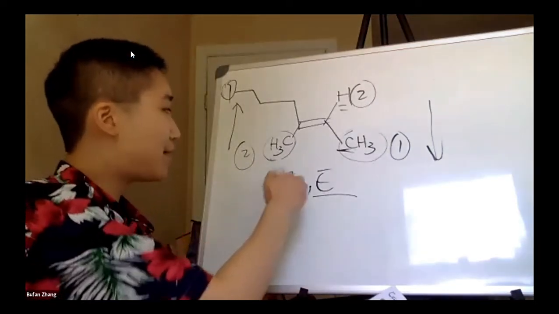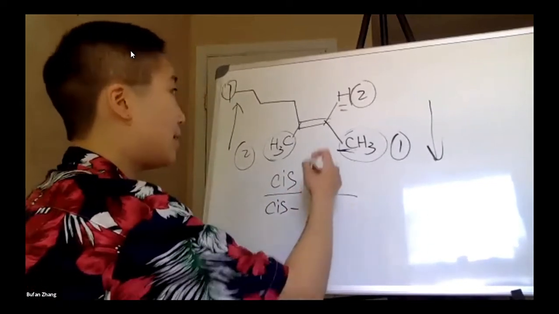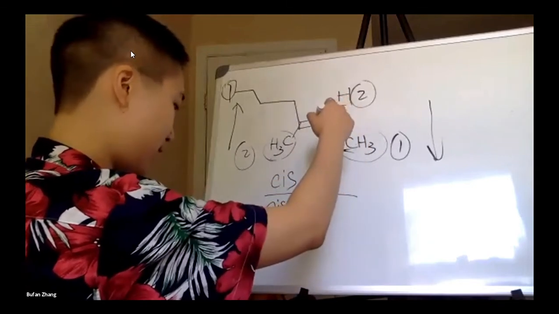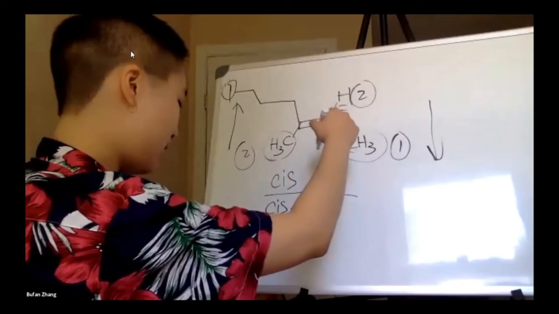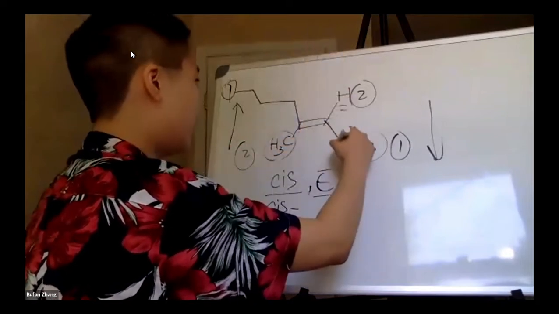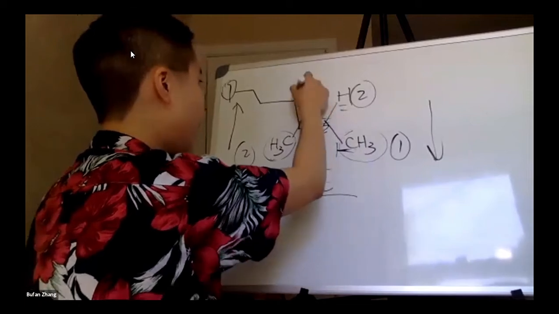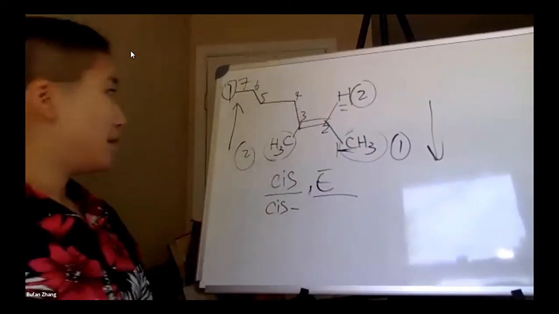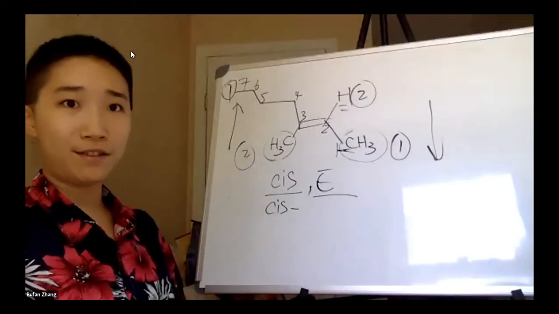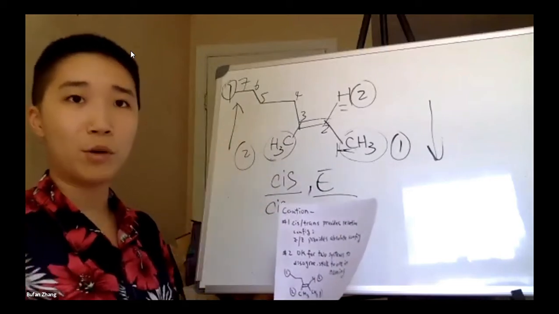So if I use the cis naming for this molecule, it's going to be called what? Cis. I'm going to number the longest chain: 1, 2, 3, 4, 5, 6, 7. So I have a longest alkyl chain of 7 carbons. I have cis, and you just name this molecule the normal way that you would.